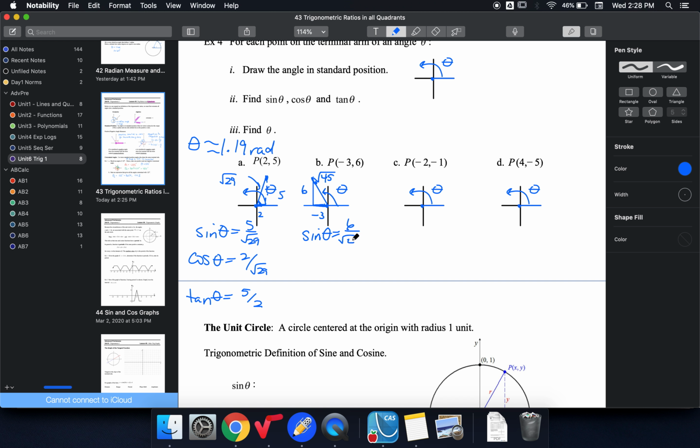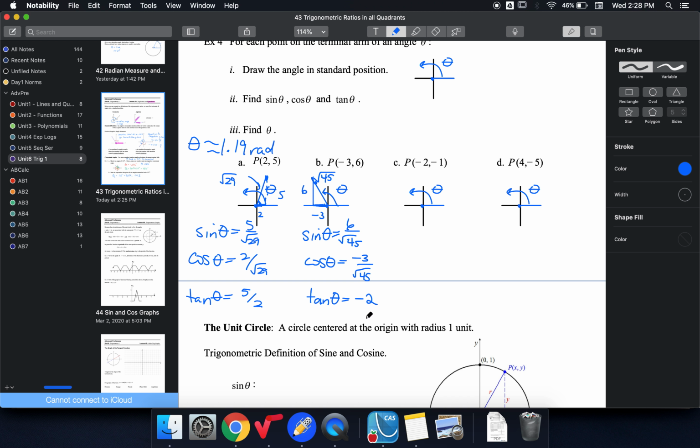So 6 over root 45. The cosine is going to be negative 3 over root 45. My tangent is also going to be negative, and this time it's going to be negative 2. 6 divided by negative 3 is negative 2.